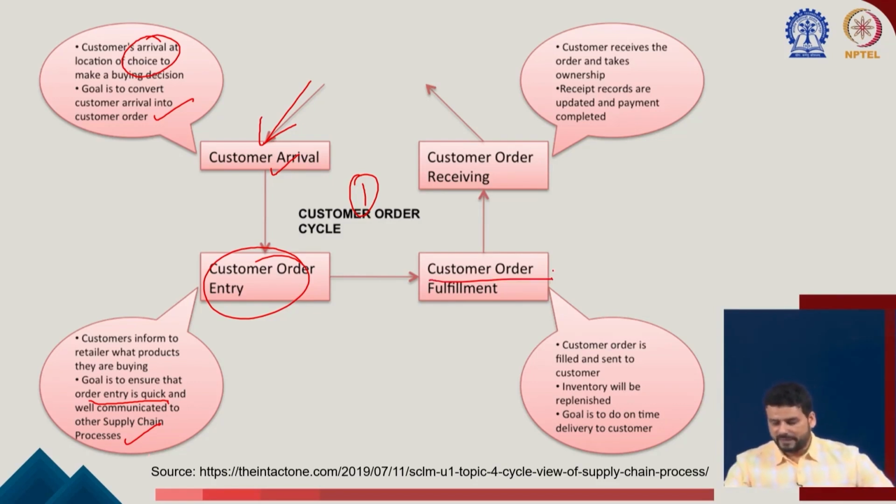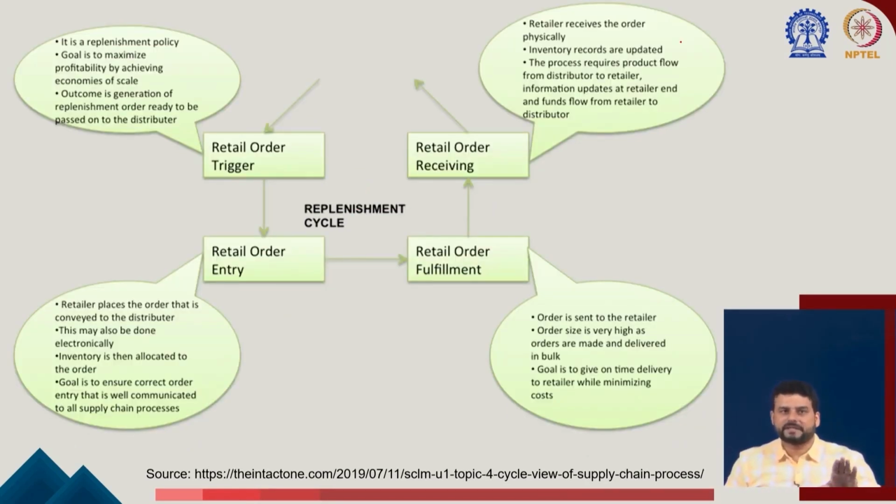Customer order fulfillment, then here customer order is filled and sent to the customer, and again the inventory is replenished from where? Retailer will replenish the inventory from the distributor. And then customer order receiving, here customer receives the order, he receives the ownership, and receipt records are updated and payment is done, right? So finally the payment is completed.